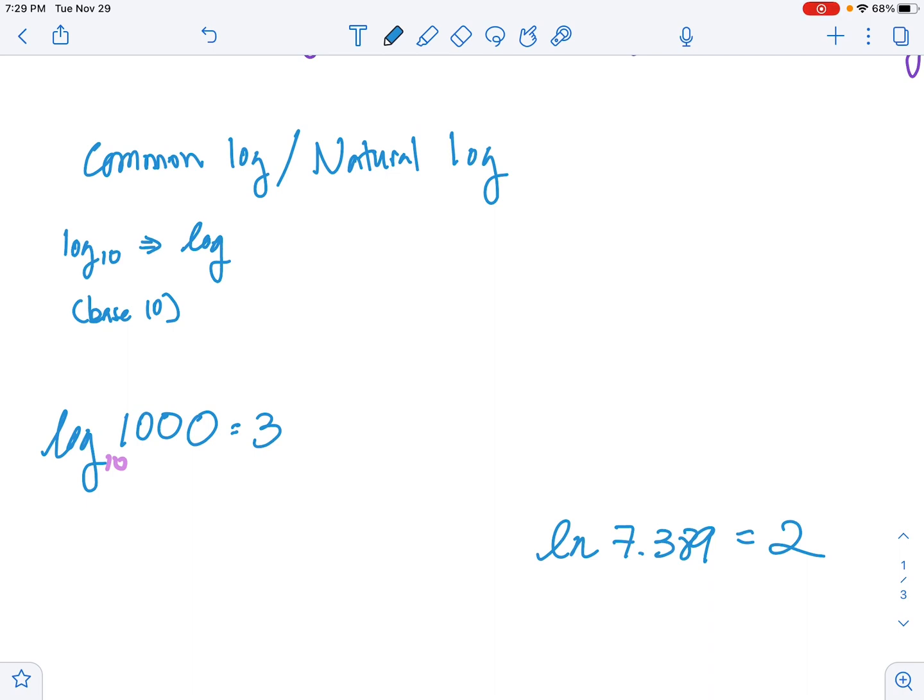If I want to convert this into exponential form, same thing as before, I'm going to find the base that I have and use the same base as an exponential.